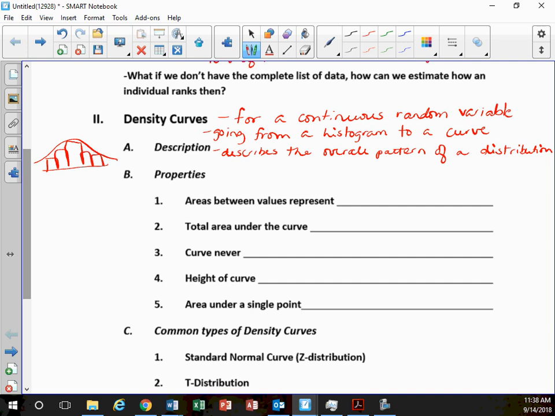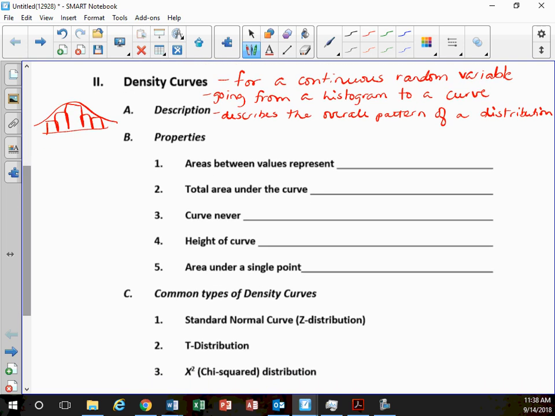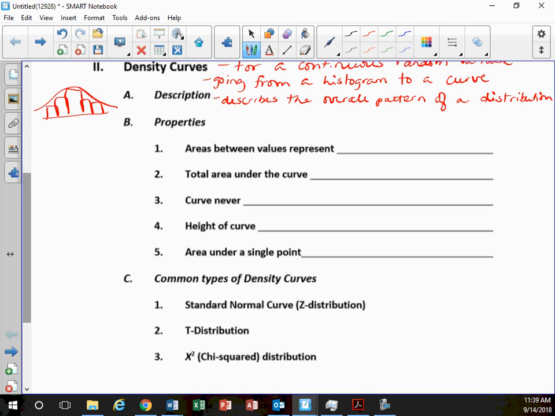And then some properties. We're going to just touch on these quickly because we're not spending a lot of time on them in Unit 2, but they are things that we'll come back to in later units. So first, your area between values is the proportion of observations that fall in that interval.